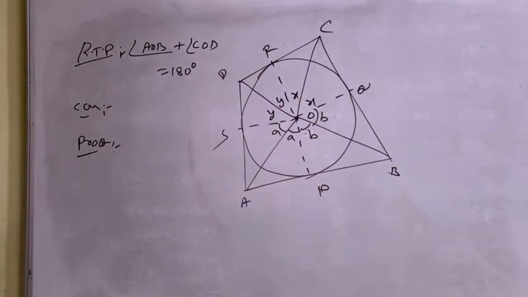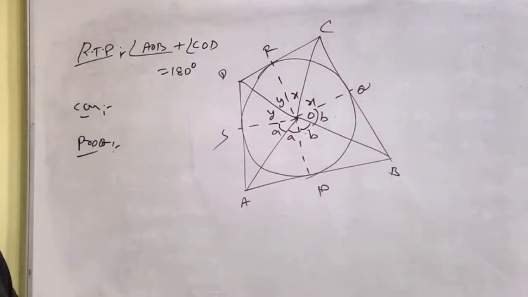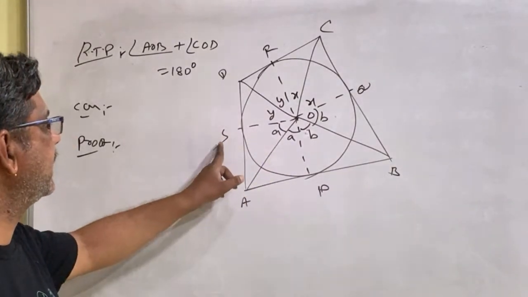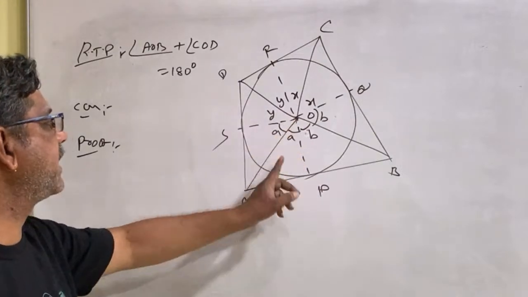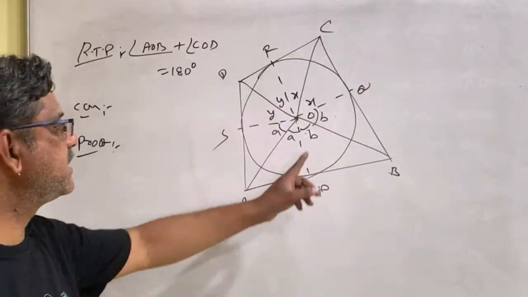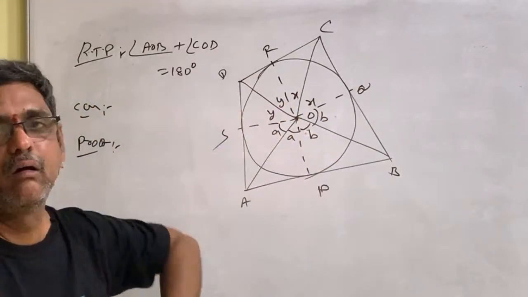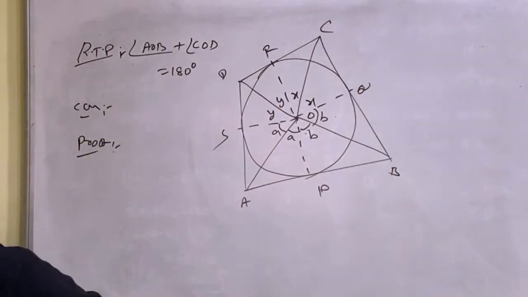Is that right? You need to prove only one pair of triangles congruent. By CPCT, angle SOA and POA are equal. Similarly, these two triangles are congruent, these two are congruent, and these two are also congruent. Okay, then?